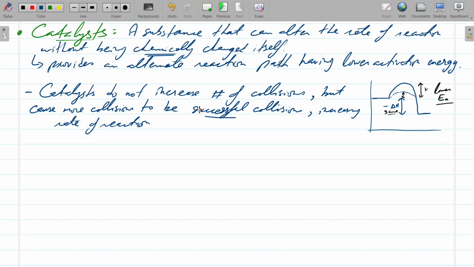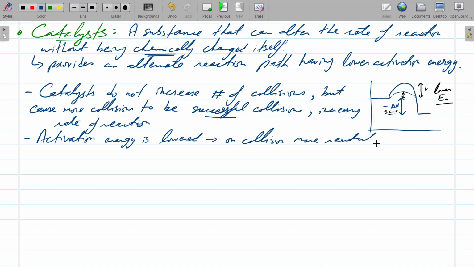And so the activation energy is lowered, and on collision, more of the reactant particles will form products, at a given temperature.